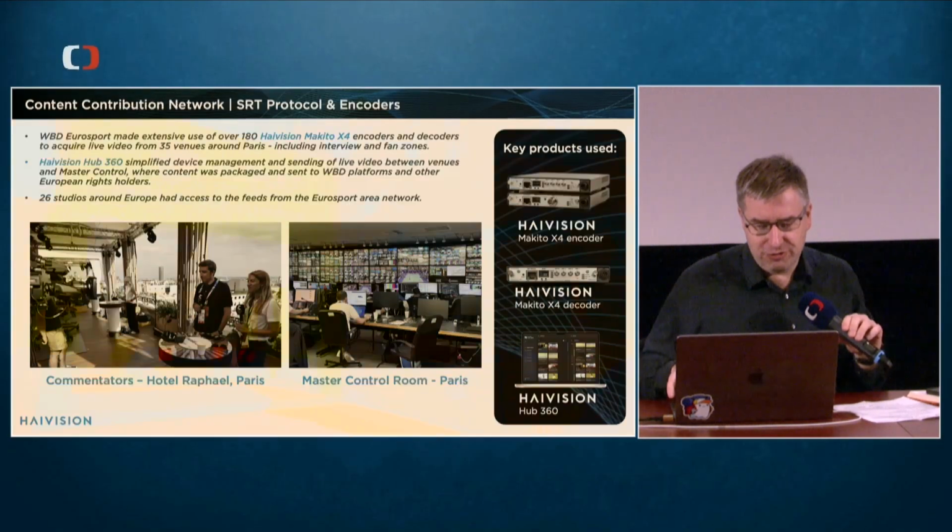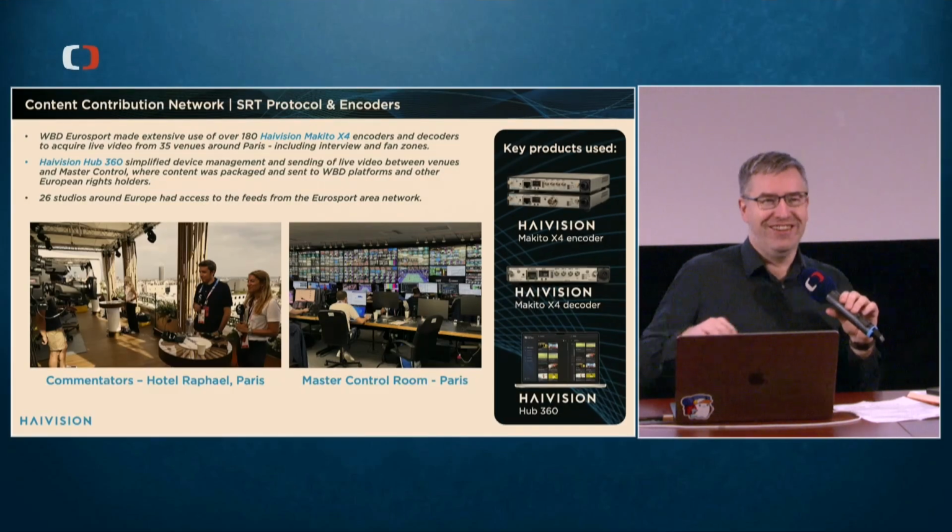Okay, so this customer case is from the Paris Olympics, and this is with Warner Brothers Discovery Eurosports, and I don't know, let's see what's the future name, Netflix or whoever is buying it now.